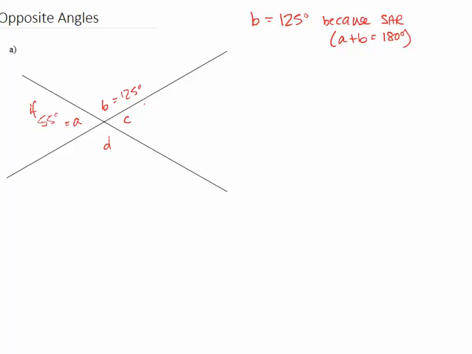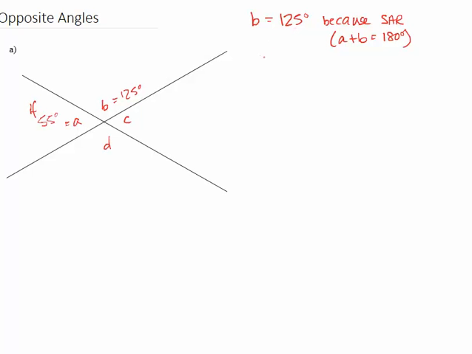And now if I know B is 125, then I can also know what C is. So here I have another straight line. So if I take this line here, and I use supplementary angle rule, I can equally take this line over here and do supplementary angle rule again, because that's also a straight line.